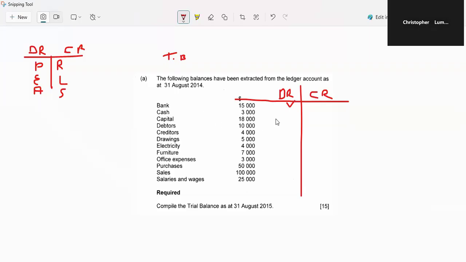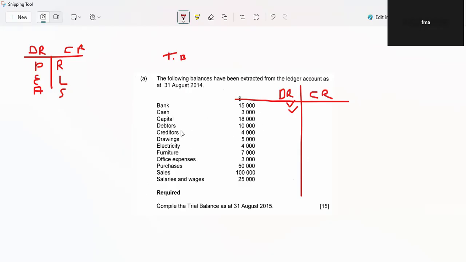Cash will be what? A debit. Why? Because it's an asset. How about debtors? What will it be? Capital will be where?